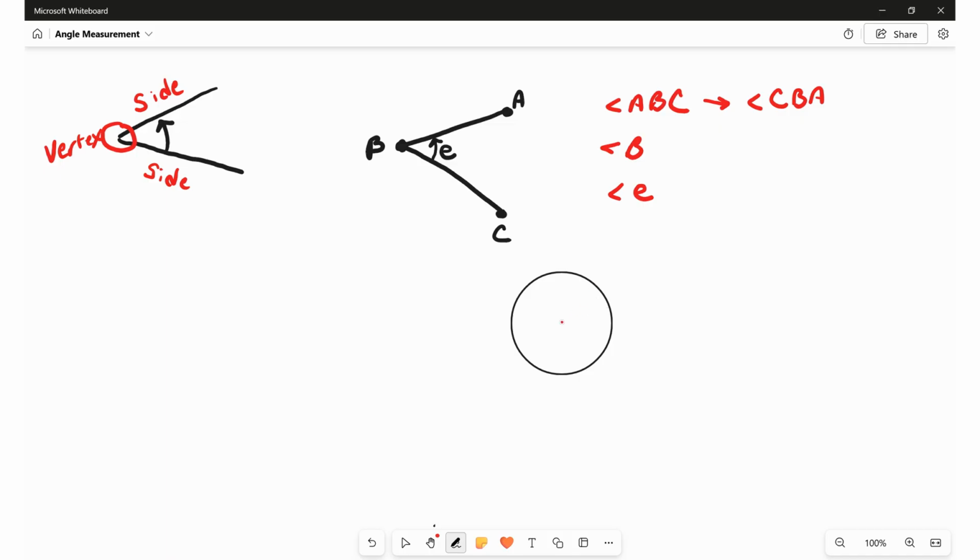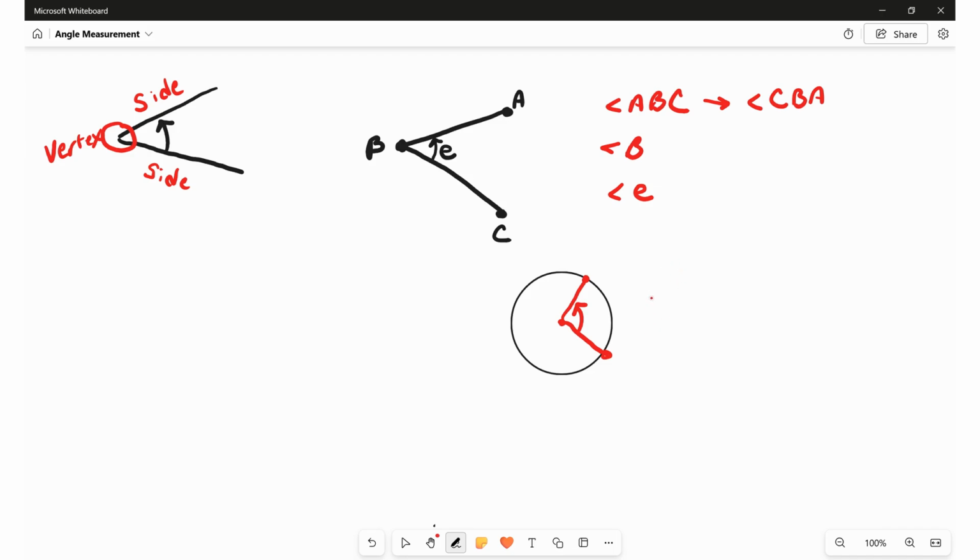We're really coming off of a circle with the center, and then we have these here, okay, and this is an angle, all right.